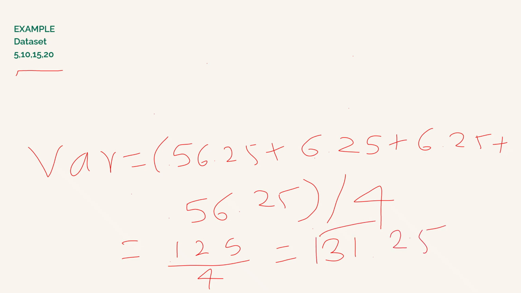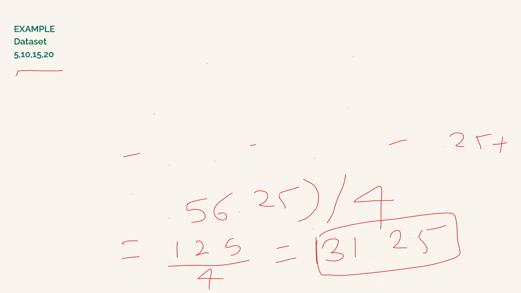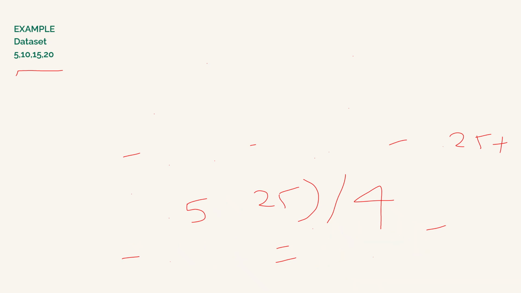This is the actual value of the variance we are getting. Then we are going to find out the standard deviation through the variance. The standard deviation formula is sigma equal to the square root of the variance.